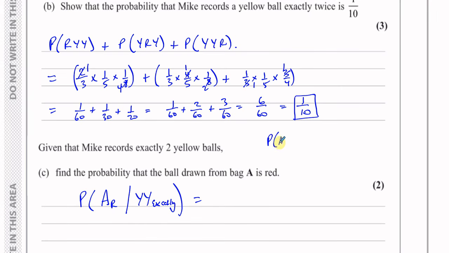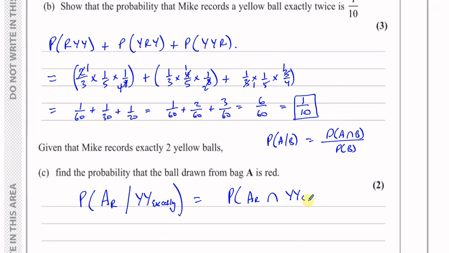If I say the probability of A given B in general, it's going to be the probability of the intersection of A and B divided by the probability of just B. So you take B as your sample set, and the intersection between them is the numerator. So this becomes the probability that he picked a red ball from bag A, intersected with 2 yellows.